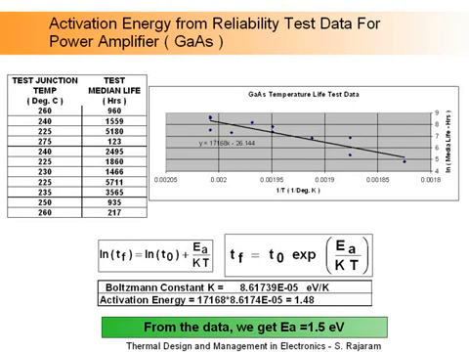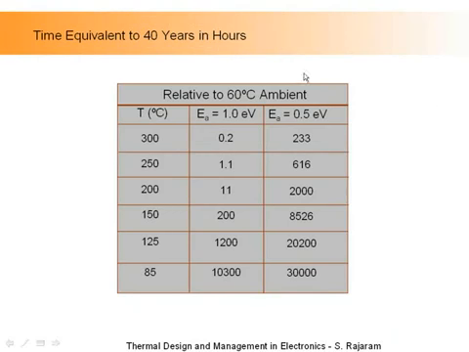All right. So I told you about the exponential nature of temperature driving to failure. So what this chart tells you is, suppose the product is to operate at a 60 degrees C ambient temperature.